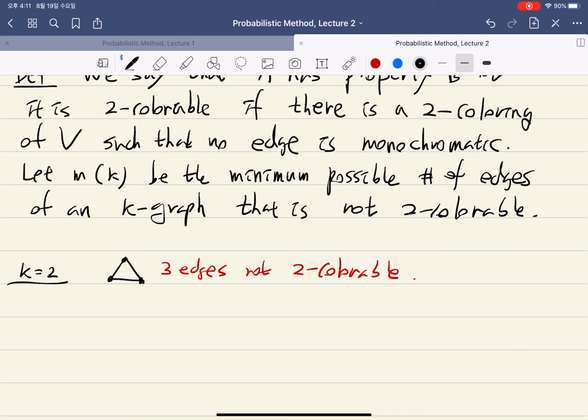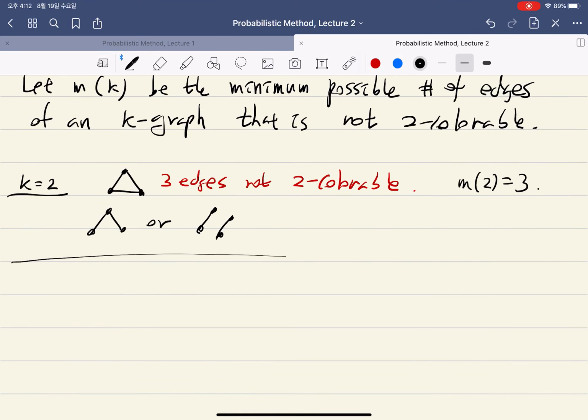On the other hand, if you have only 2 edges, then the graph is either this or this, so it's two-colorable. So in this case, m_2 is 3. So what's the value of m_k? That's a question. Can we find some estimate?